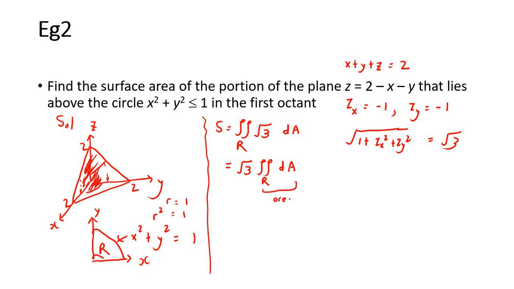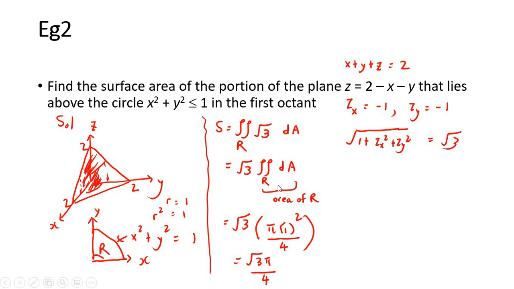This is the area of region R. I evaluate this area of region R using the circle formula. For a circle, we have pi, the radius is 1, so pi times 1 squared. This is a quadrant of a circle, so divide by 4. That's why the answer is square root of 3 pi divided by 4.